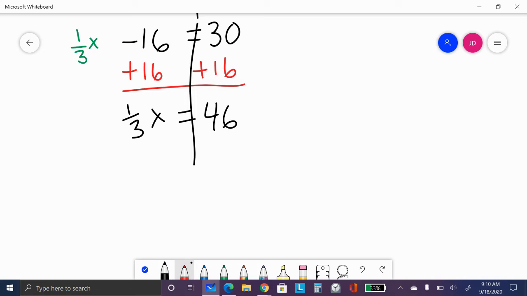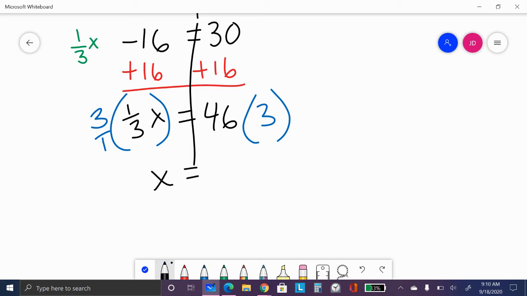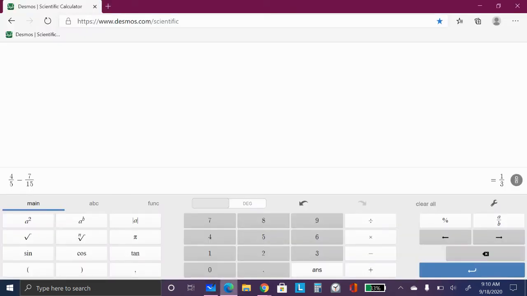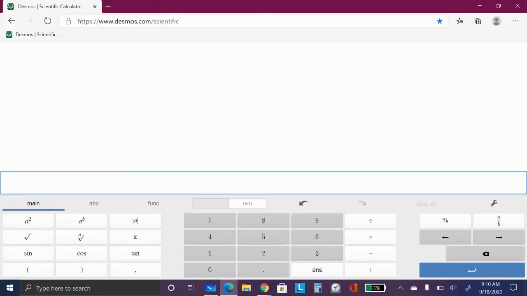To get rid of the fraction, we multiply by the reciprocal, 3/1, which is just 3. You're basically just multiplying 46 times 3. And we get 46 times 3 is 138.